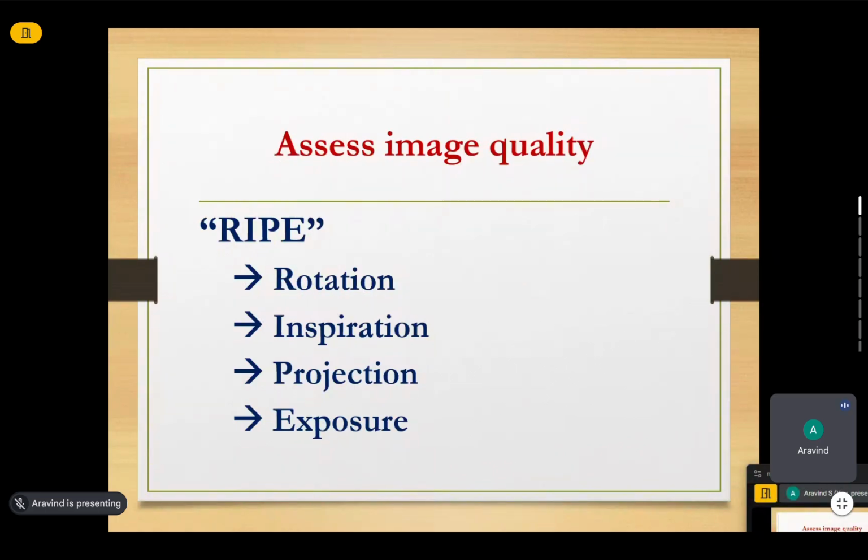If there is no label regarding the projection, we understand that it is taken in PA view because it is the commonest view preferred. And next, we check the exposure, whether the film is irradiated properly, whether it is properly exposed, underexposed or overexposed.